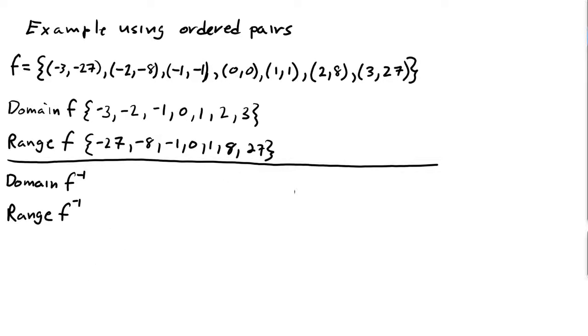So we have all of our x coordinates, all of our y coordinates, all of our domain, all of our range. Now if I want to construct the inverse of this function, I have to swap the domain and the range. That means that the domain of f inverse is going to be the range of f, and then the range of f inverse is going to be the domain of f.